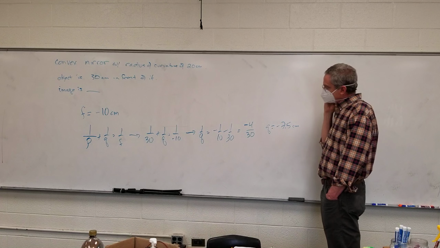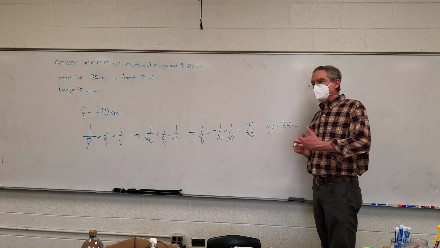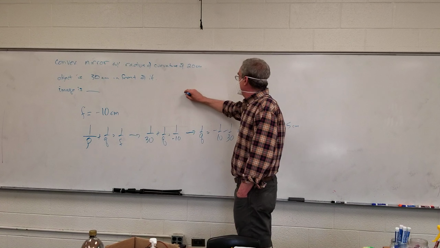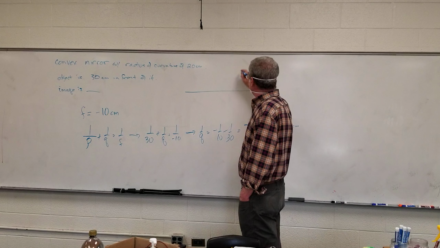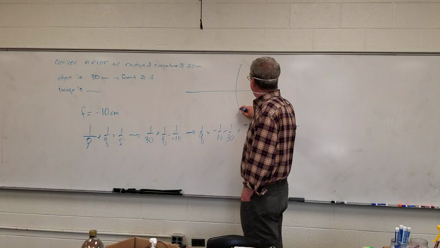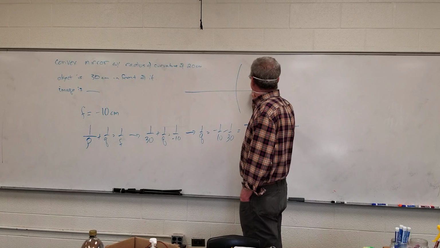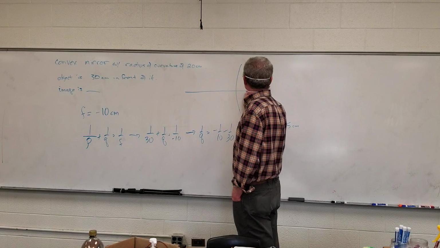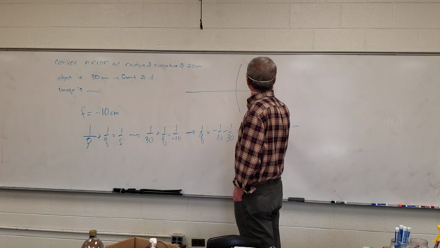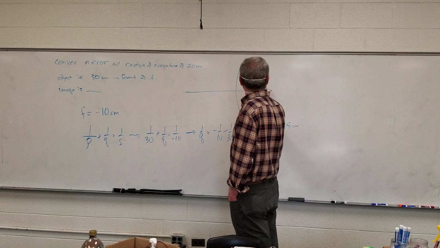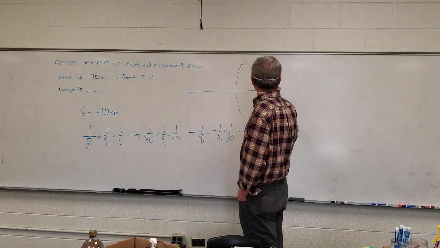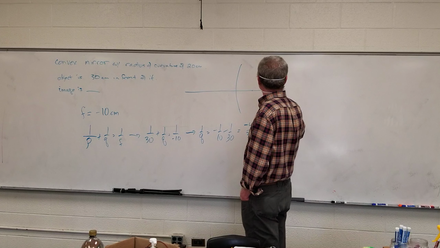Yeah. All right. So in terms of the ray diagram, I got my central axis there. I got my mirror. We're gonna make that 10 centimeters there, so 10. I guess that's my radius of curvature right there. That's my center.